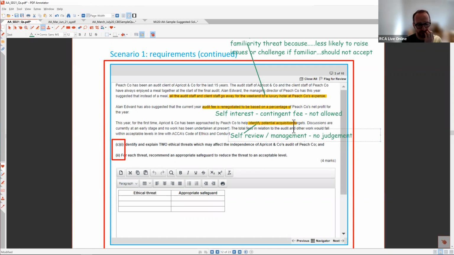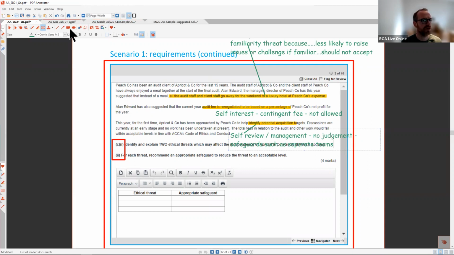You can offer advice. If you're going to offer this, well, then you could put safeguards such as separate teams. Okay, so separate teams in place.